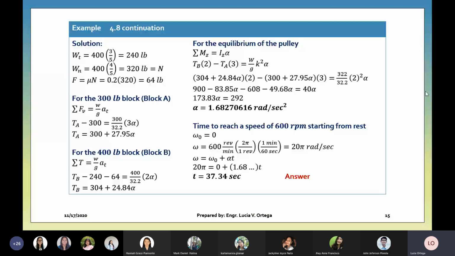If you notice, the solution is similar to rectilinear translation. The only difference is that we have this equation wherein we consider the mass moment of inertia. Okay, actually in statics, the one being discussed most of the time is only how to solve for moment of inertia for plane figures or regular figures and composite figures. So the mass moment of inertia is forgotten or not reached.